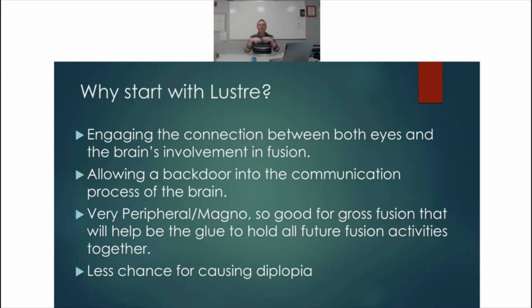Remember that we are still talking about very gross retinal fusion. Okay. I'm not talking about fine detailed macula, fovea, crisp, detailed information. So that is right. I don't want to wake up their central suppression. I only want to deal with their periphery.